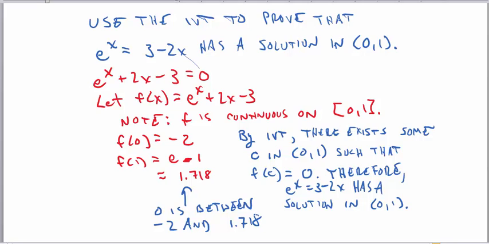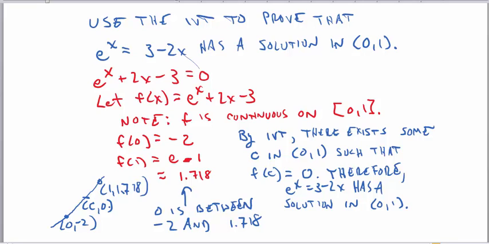All right? And again, you've got to think about that. If the function went from being negative at 0 to positive at 1, and it's continuous, somewhere in the middle it had to actually cross 0.